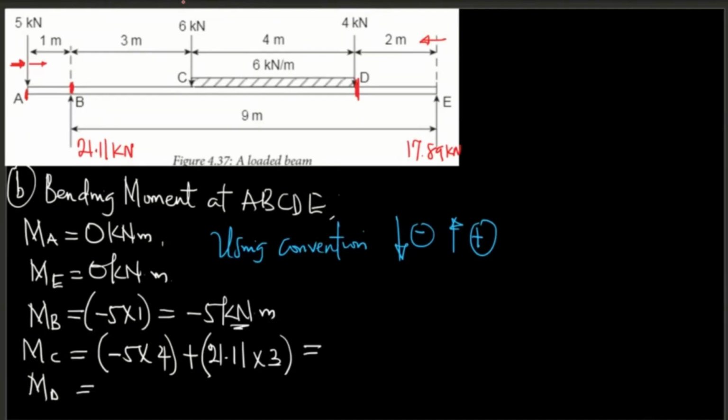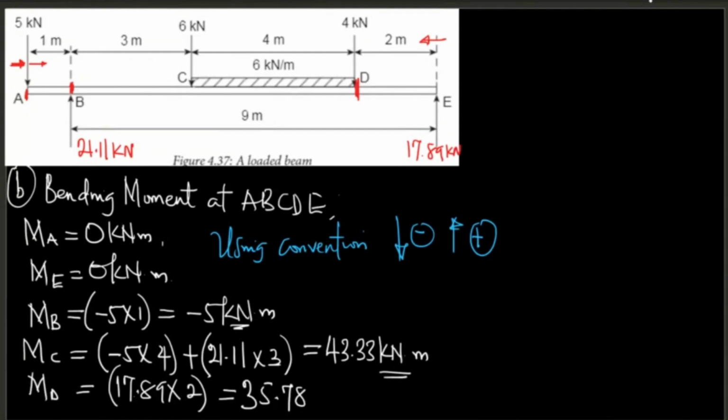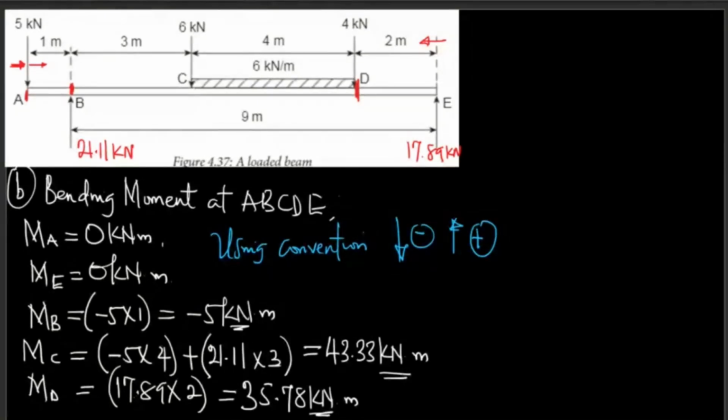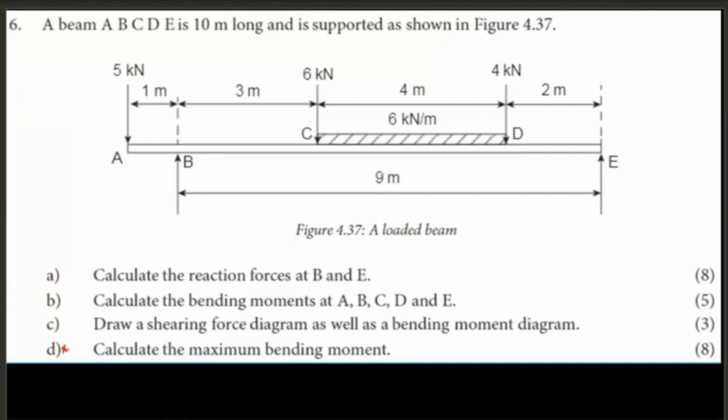So the bending moment at D is just going to be positive because the reaction at E is facing up. 17.89 times 2, this is 35.78 kilonewton meters. Is this what we got, guys? So we've quickly calculated that one.